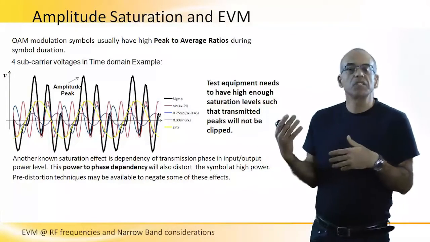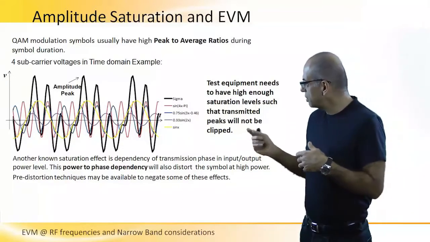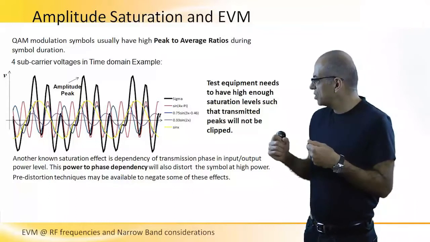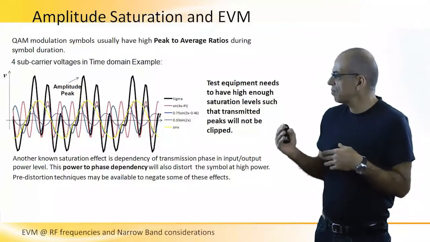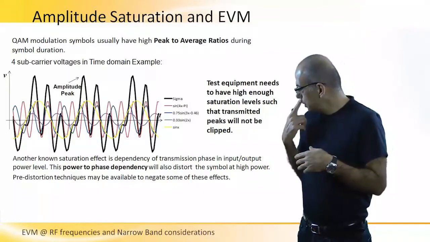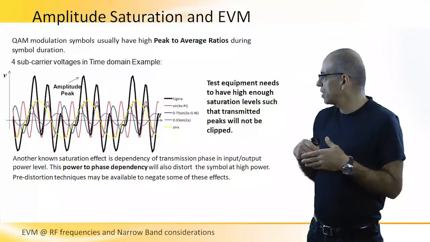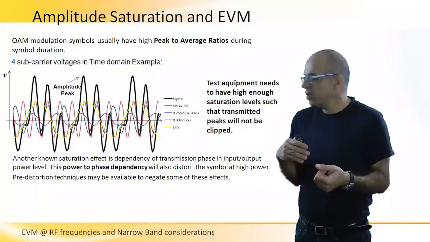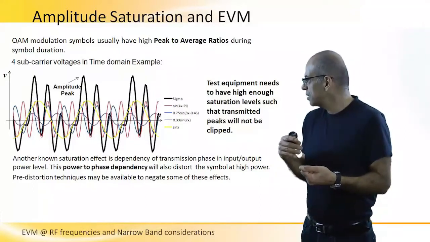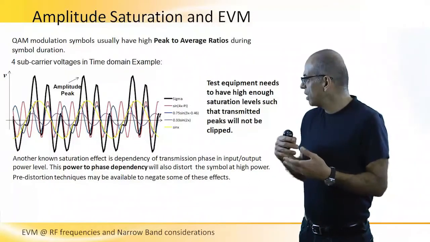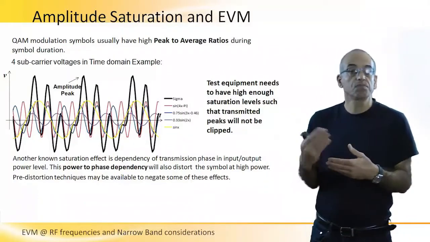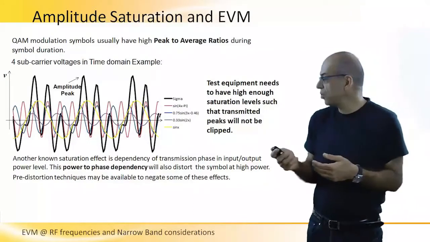And if we add them in time domain, we can see the sum in black. It is very obvious that we have peaks and we have lower instances where the sum is very low in amplitude, and we can visually see the peak to average problem that was mentioned before.